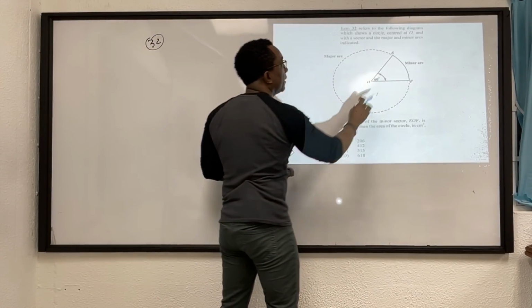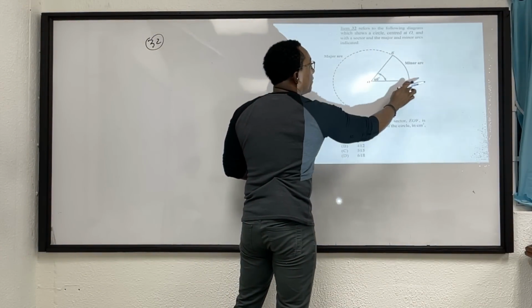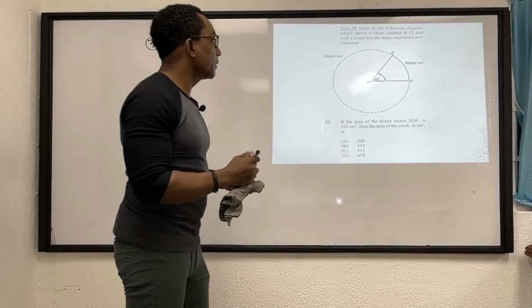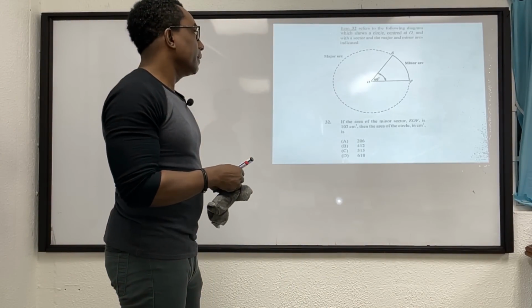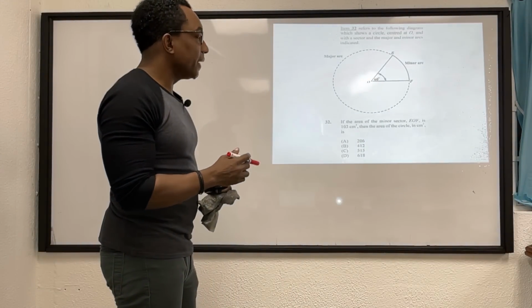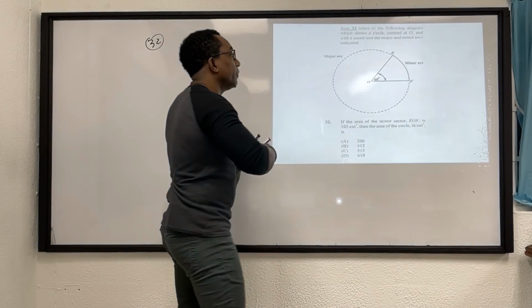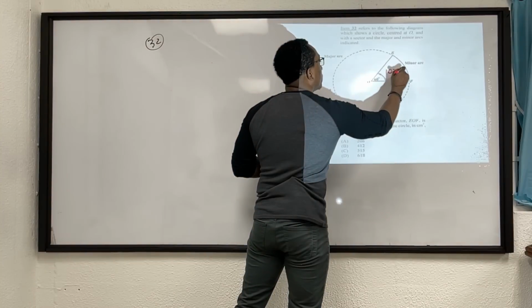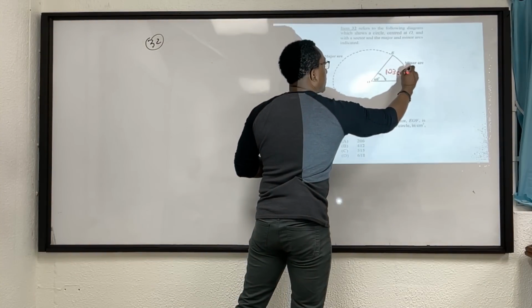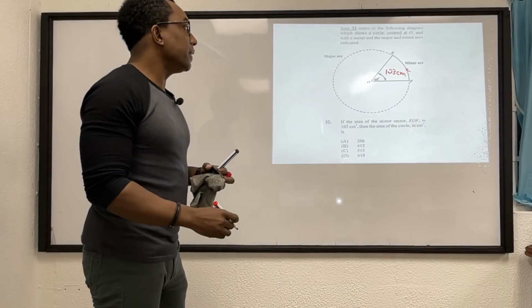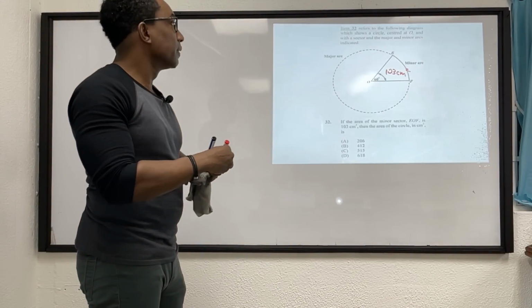Your sector is EOF or FOE, so we have one sector. And it states here, if the area of the minor sector EOF is 103 cm squared, then the area of the circle is what?